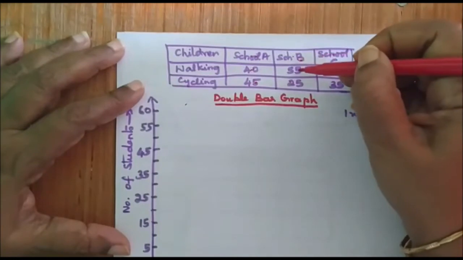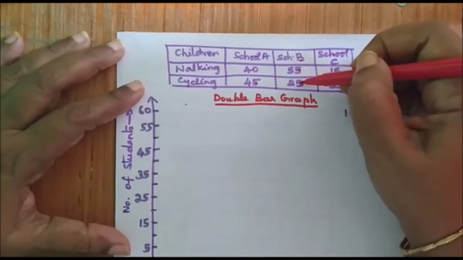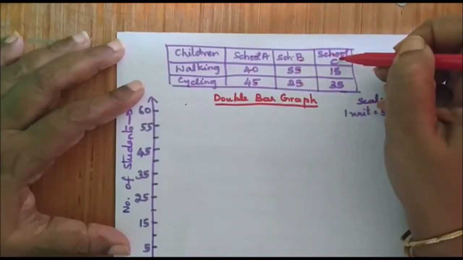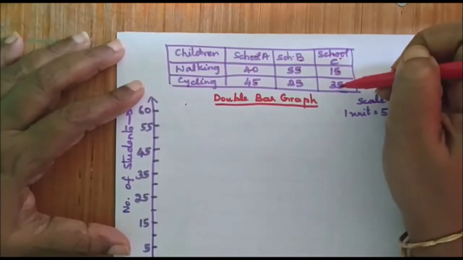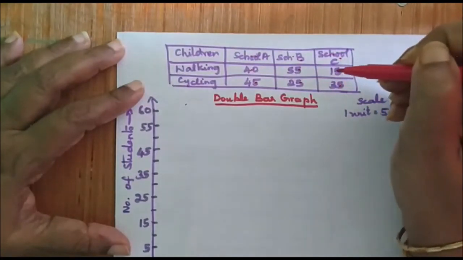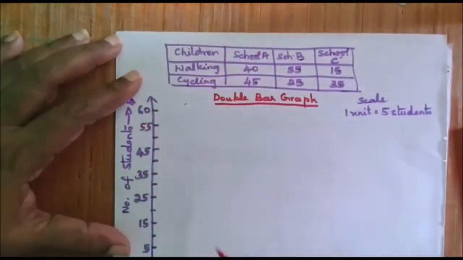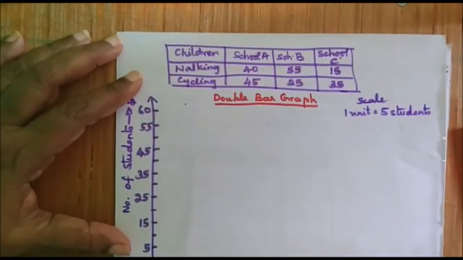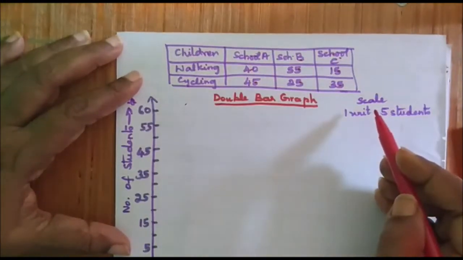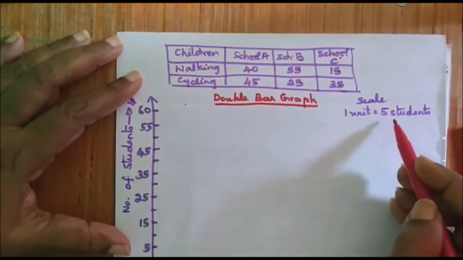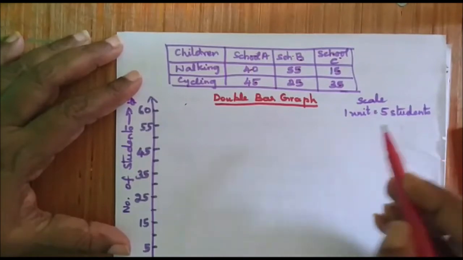In school B it is 55 walking and 25 cycling. In school C it is 15 walking and 35 cycling. We can represent this with the number of students on the y-axis and school A, school B and school C on the horizontal axis. And I will assume the unit as 1 unit equals 5 students.